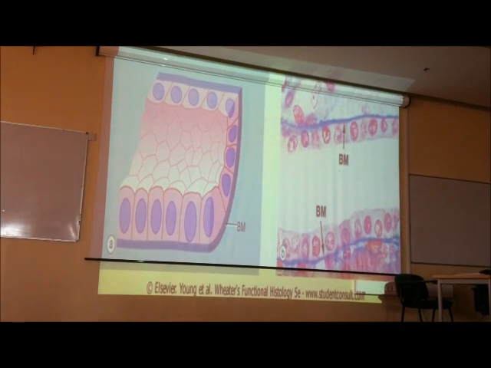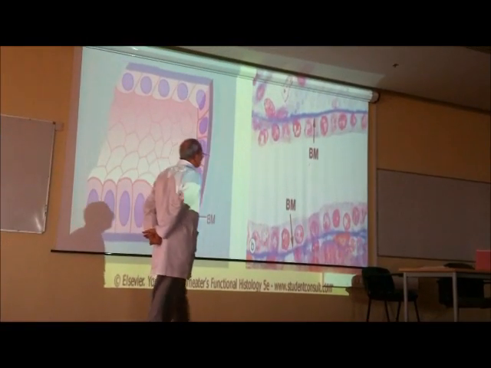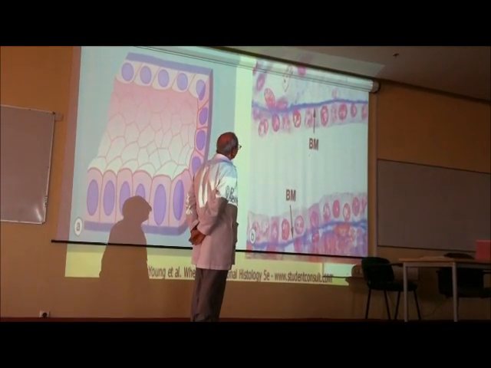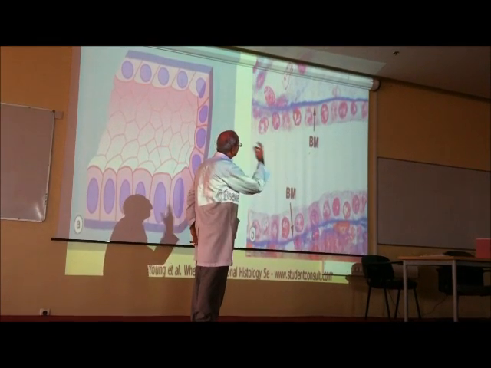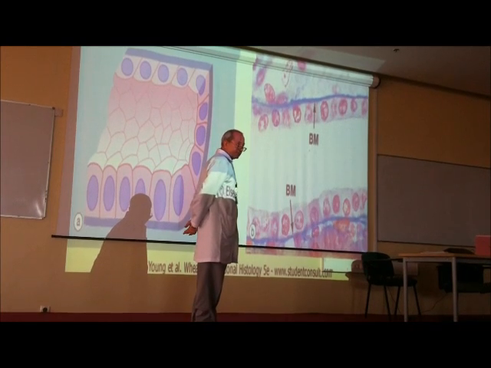Same. What is the type of epithelium? Simple cuboidal epithelium. Why? Central rounded nuclei. Where can you find it? Just like the thyroid gland or kidney. Okay.